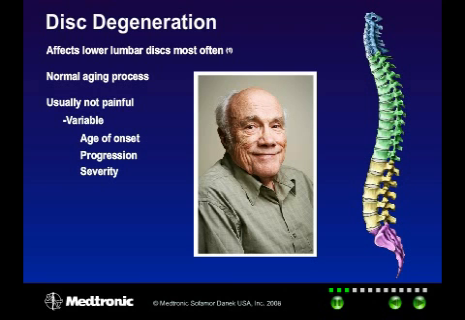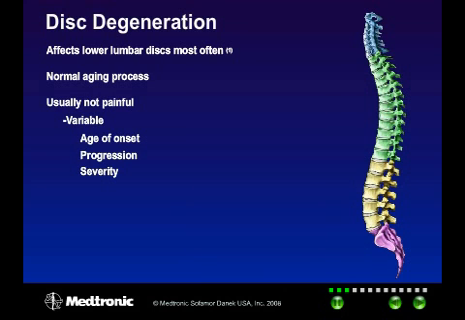In rare instances, the degeneration process can begin as early as the teens or young adulthood. A combination of factors contribute to degeneration, including genetics and environmental influences such as smoking.